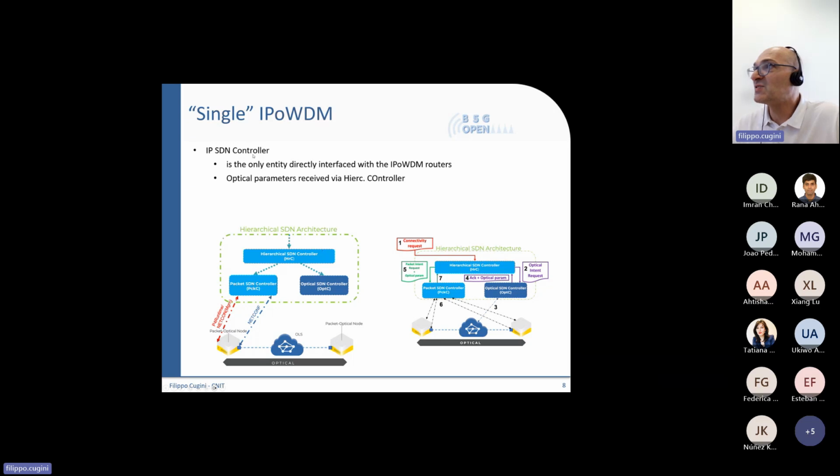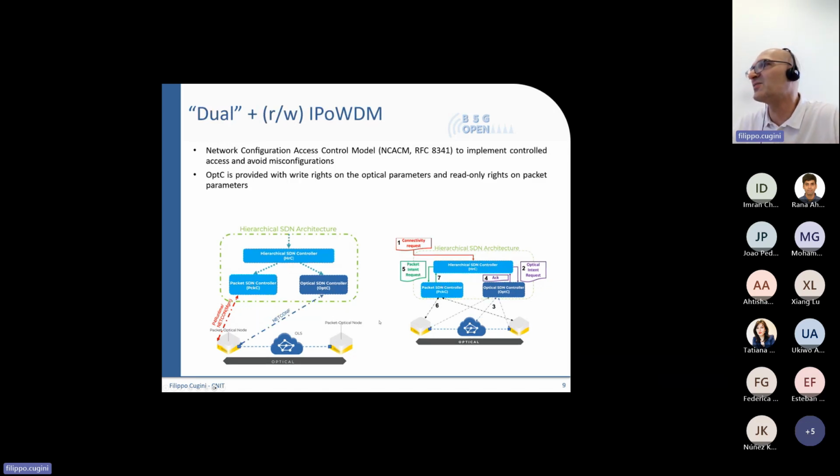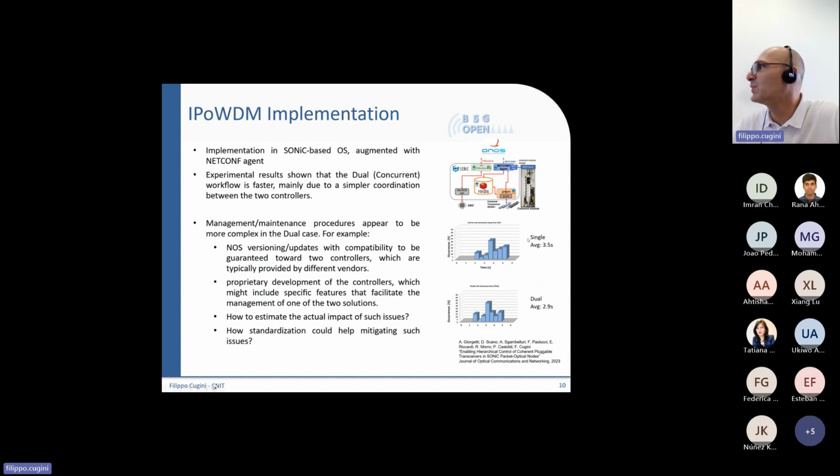While the single solution is preferred by the vendors of IP routers, because they can guarantee full and unique control of the packet optical node. So there is still an open debate, but these are the two main solutions. Actually, we have implemented both of them. There is some slight delay in the single one because of this back and forth of the operations, but overall they both work fine. It is just a matter of preference and also management aspects to be investigated.